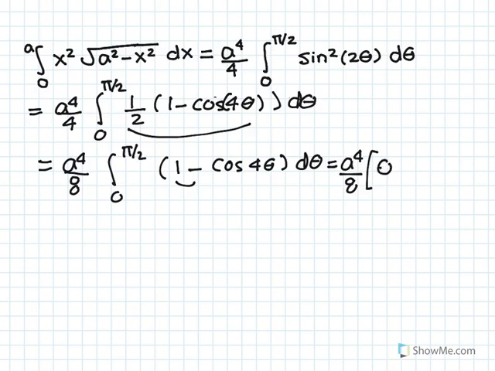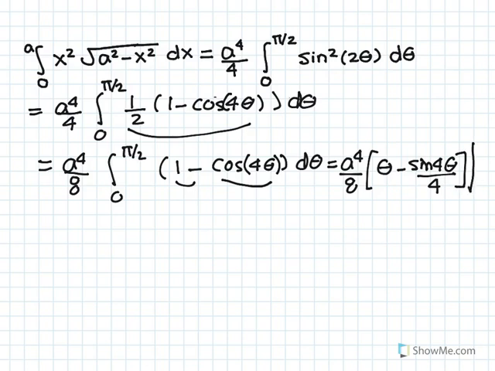Well, that's just theta. What is the integral of cosine 4 theta with respect to theta? Integral of cos theta is sine theta, but we have cosine 4 theta. So we have to apply u substitution, but because it's easy, we'll do that in our head. So the integral of cosine 4 theta will be sine of 4 theta divided by 4. And that's just reversing the chain rule, or u substitution.